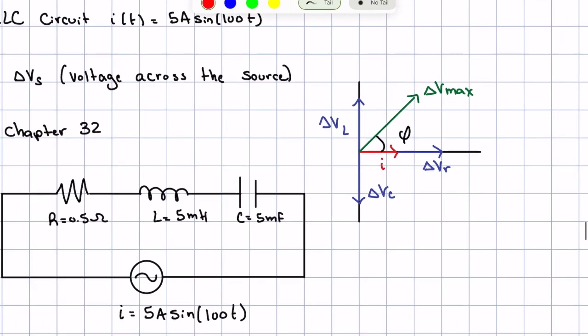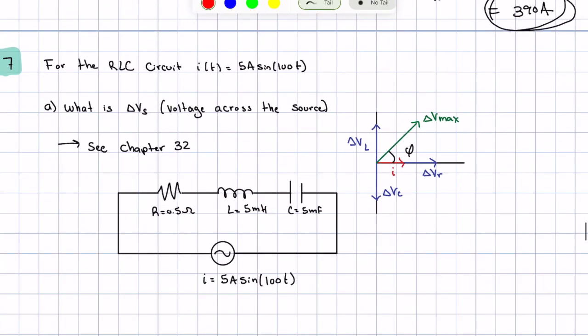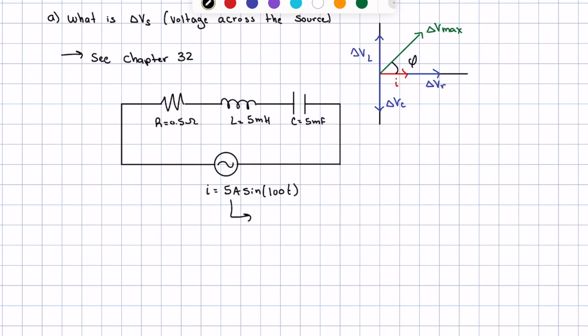So essentially, you have to realize that you are told a lot implicitly, not explicitly. Here in the current, you're told what I max is. I max is equal to 5 amps. You're also told what omega is. Omega is equal to 100.